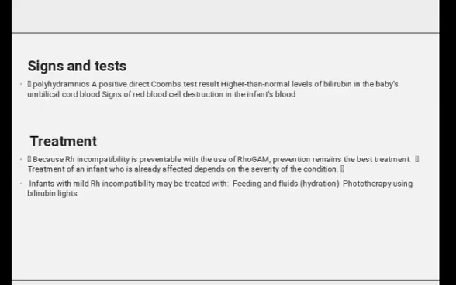Prevention remains the best treatment. Treatment of an infant who is already affected depends on the severity of the condition. An infant with mild Rh incompatibility may be treated with feeding and fluids, hydration, and phototherapy using bilirubin lights.